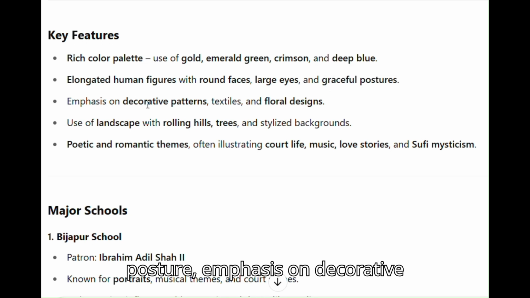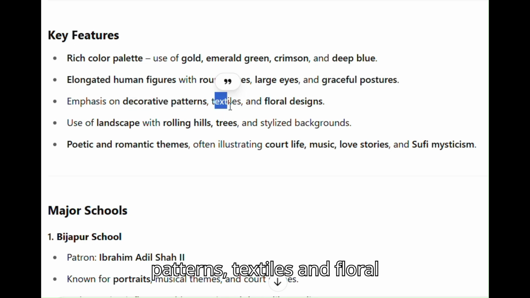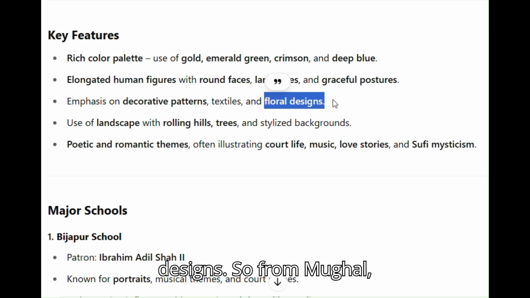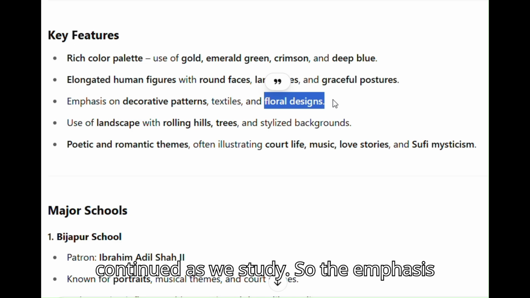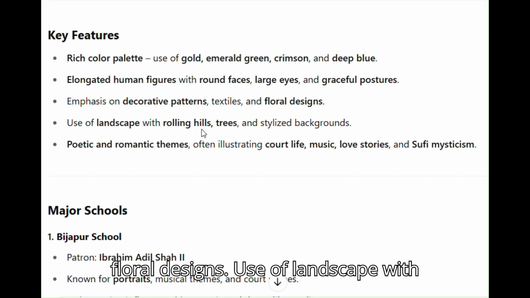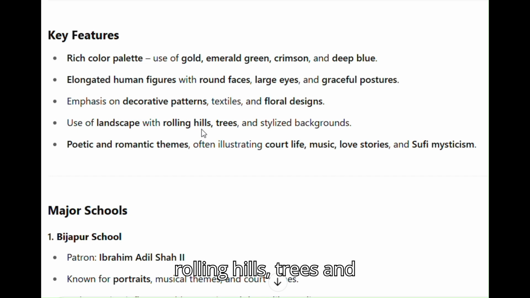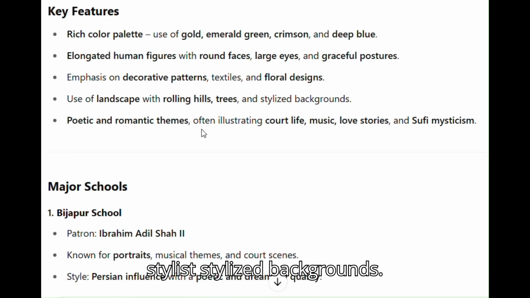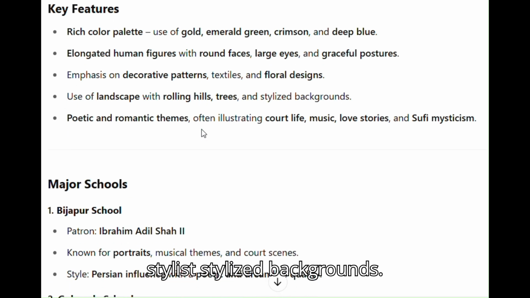Emphasis on decorative patterns, textiles, and floral designs. From Mughal to Rajasthani and then Deccan painting, this floral design continues as we study. Use of landscape with rolling hills, trees, and stylized backgrounds.